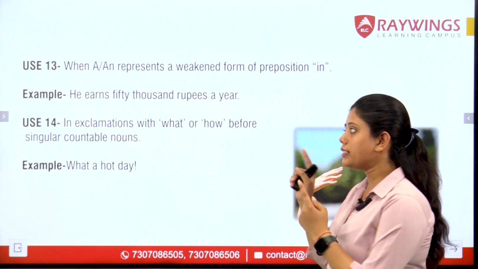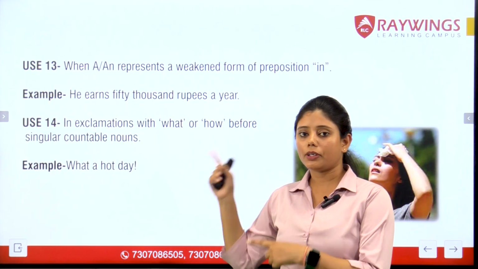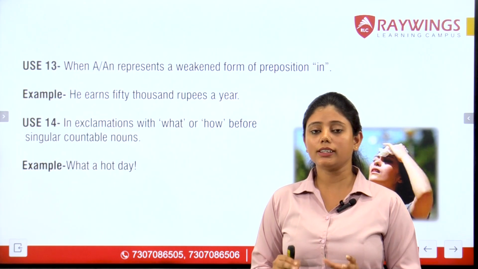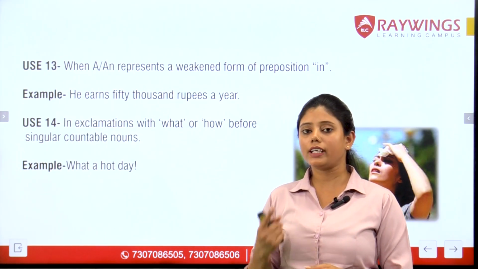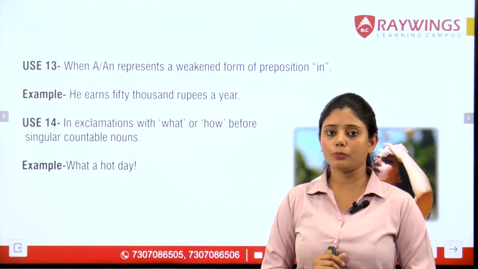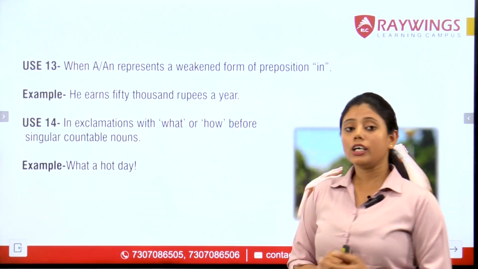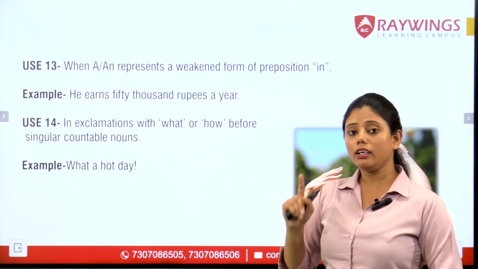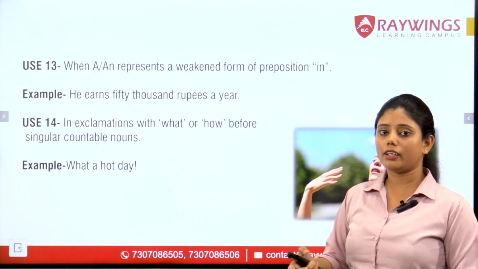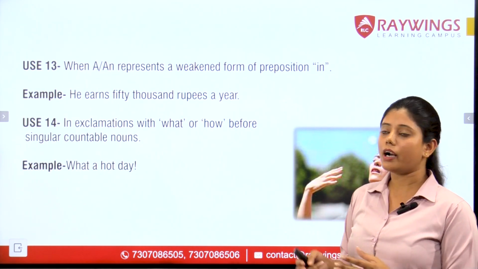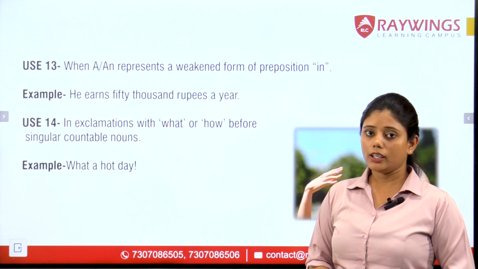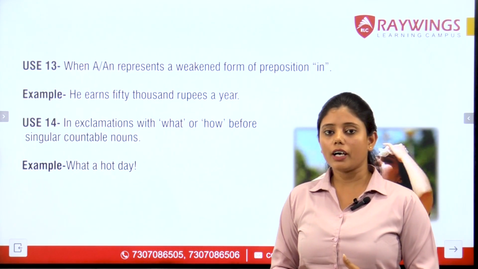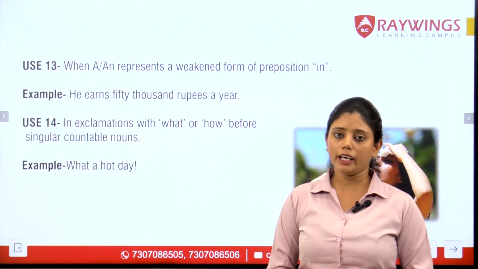Now, from this example, it is clear that the person I'm talking about is earning 50,000 rupees in a year. Means एक साल में उसकी कमाई 50,000 rupees है, right? So यहाँ पे article a represent कर रहा है in का weak form. Per year या in a year का weak form article a represent करता है, ठीक है? इसका मतलब यही हुआ, whenever we have to represent the weakened form of in, we will use article a or an.